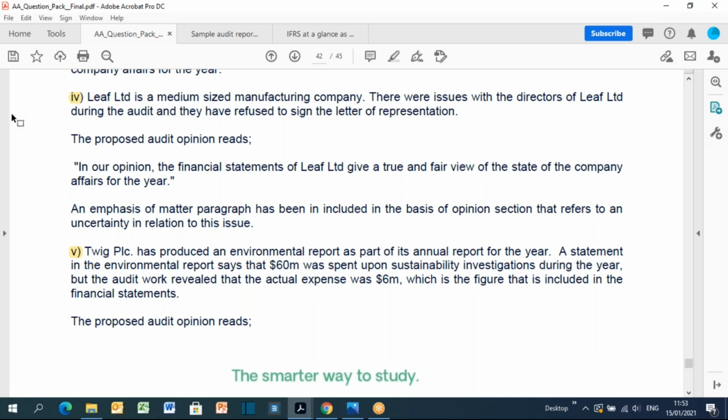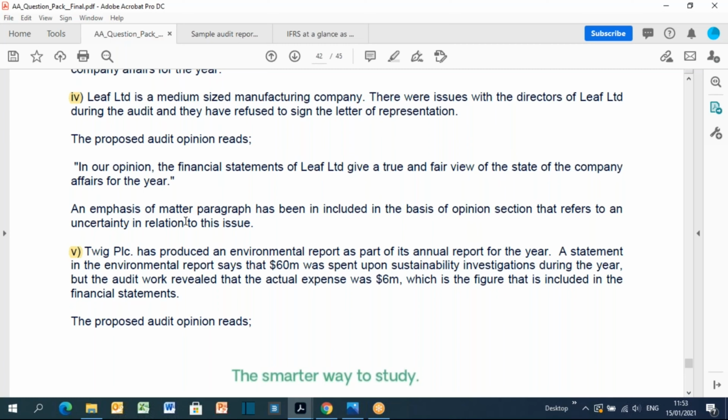An emphasis of matter paragraph had been included in the basis of opinion section that refers to an uncertainty in relation. So in this case, management refused to give a letter of representation, which is evidence. So by not having evidence, the auditors gave a qualified opinion. They said that the opinion is not modified and everything is nice and good. They said in here, but that is wrong.